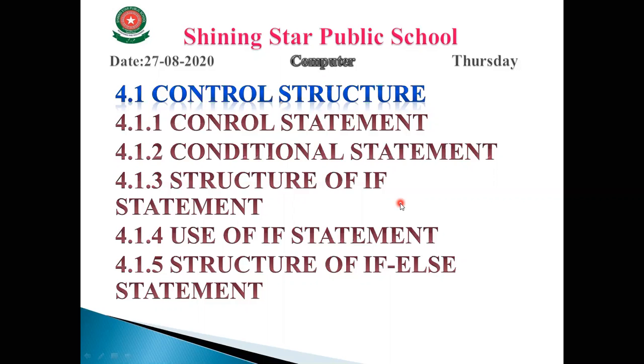The translators which we use for the translation of these languages are compiler and interpreter. Compiler is a software which we use in the C language. Compiler works as it compiles the complete program at one time.